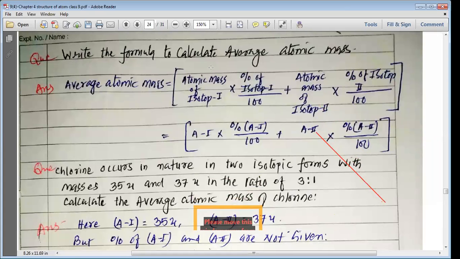Write the formula to calculate the average atomic mass. Here we have the formula.